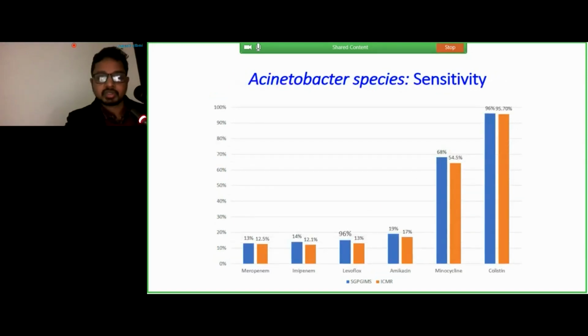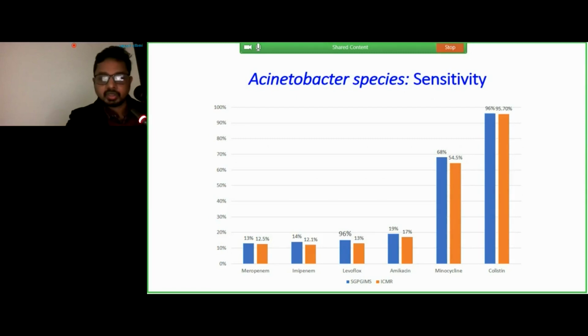Among the Acinetobacter species, although its virulence is not very much described, we found that its resistance is very high. Both the ICMR data and our data showed that only around 4% to 14% of our isolates were sensitive to carbapenem, and levofloxacin 15% and 13%, around 19%.